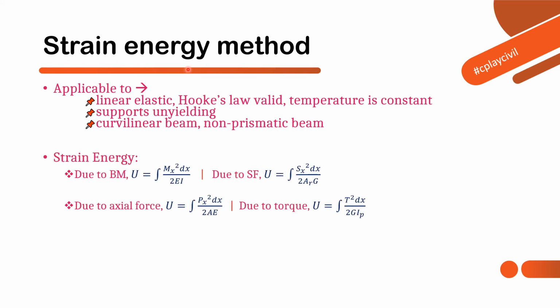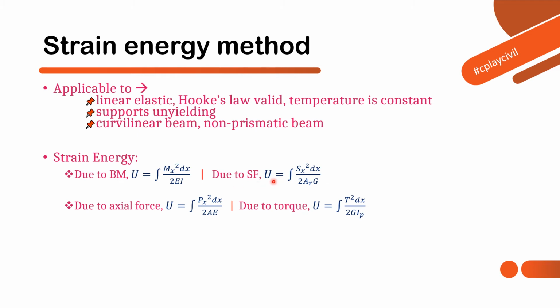Now let's see the formulas for strain energy. Due to bending moment we have integration of Mx square, that is moment at x section squared, dx divided by 2EI. So Mx square dx by 2EI is the strain energy due to bending moment. And due to shear force we have Sx square dx by 2 Ar G. So S is nothing but the shear force, Ar is the reduced area at that section due to shear, and G is the rigidity modulus.